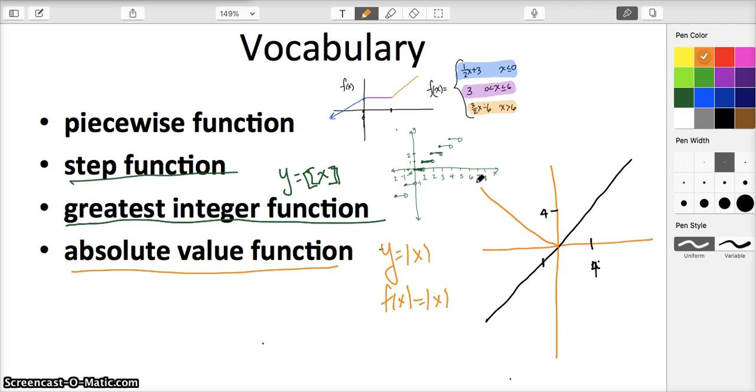So my graph for an absolute value function, you've probably seen this before, is going to be a V, because this portion down here will be obliterated by the absolute value bars. Anytime you're dealing with absolute value, you'll have a V formation for your graph. Let's look at some examples.